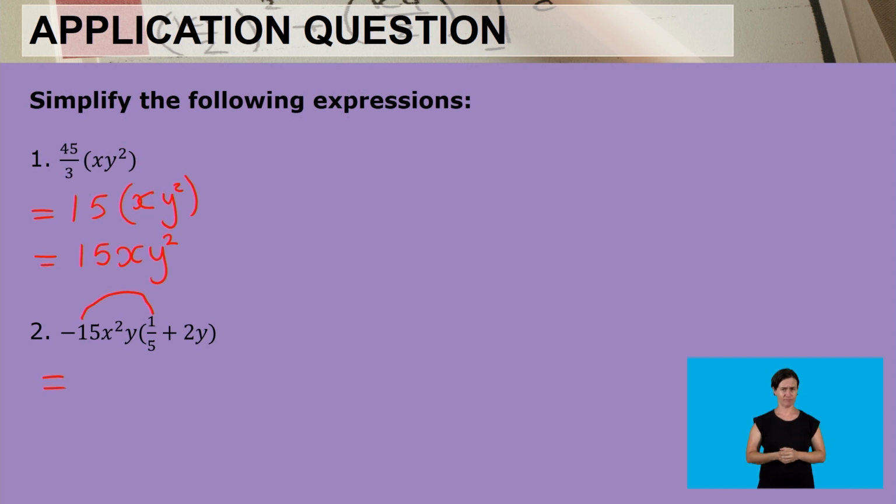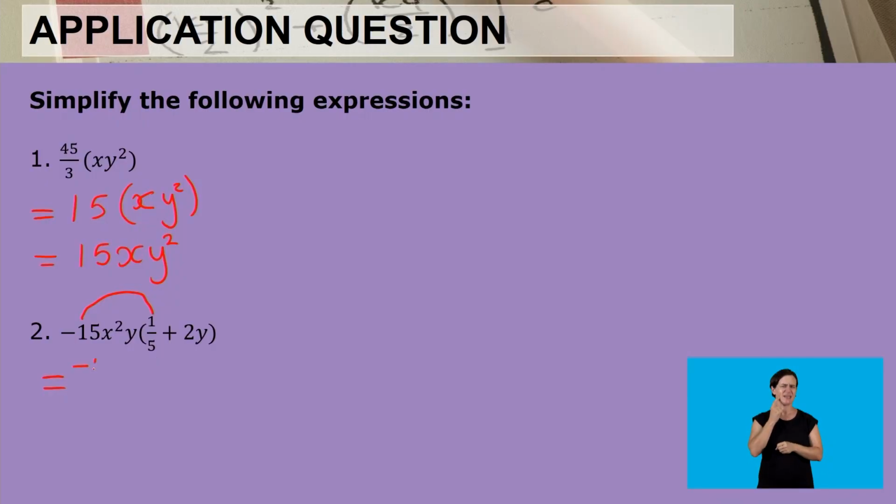Now, remember, when we were working with fractions, we know that when we multiply two fractions, then the numerator will multiply with the numerator and the denominator will multiply with the denominator. But of course, to make this easier for ourselves, we can just write that negative 15 as a fraction. Then that is going to multiply with that 1/5.